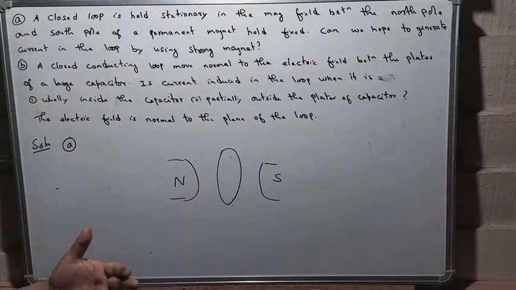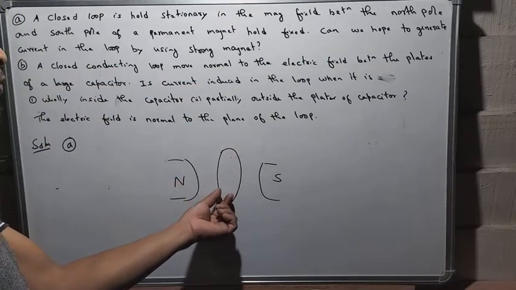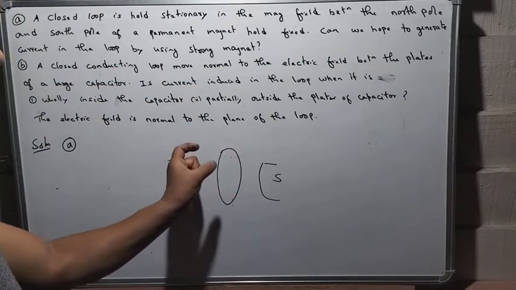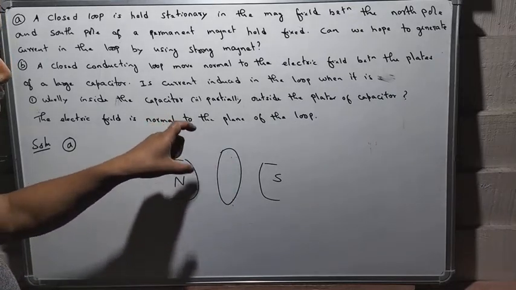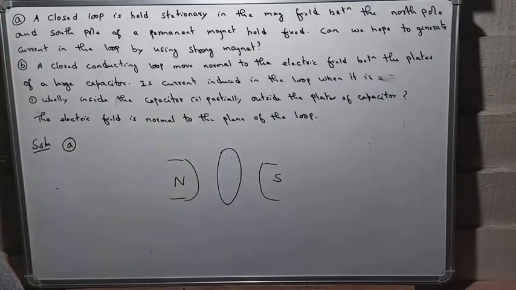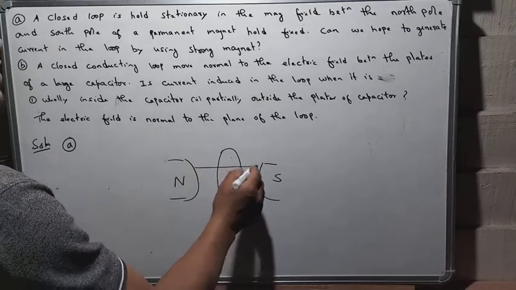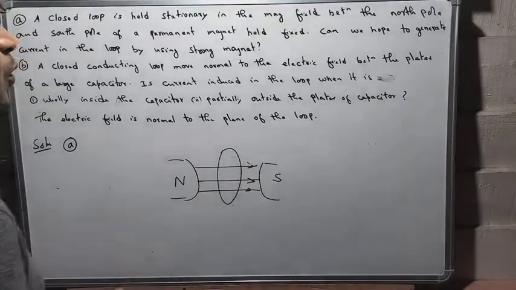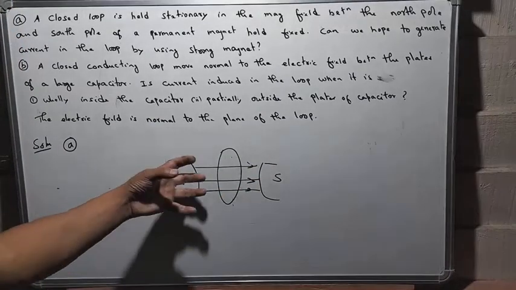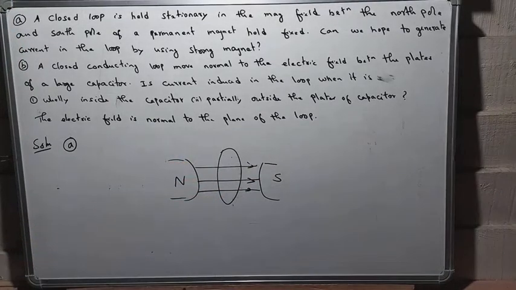So the answer is no, because this loop is held stationary. When the loop is not moving, it means the magnetic field lines which are crossing from north pole to south pole will remain constant.